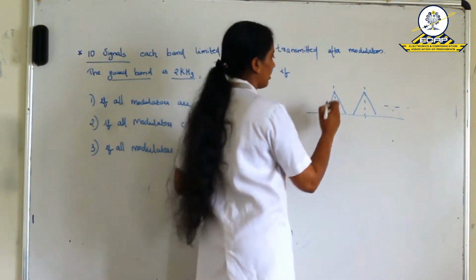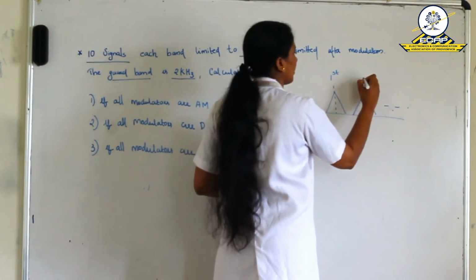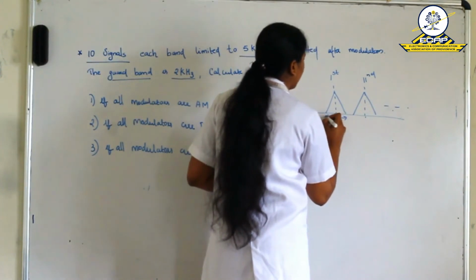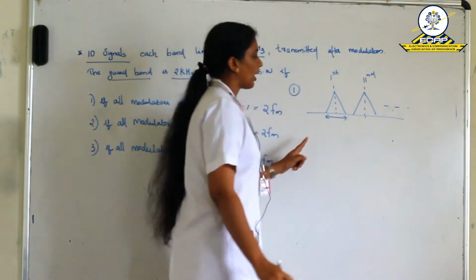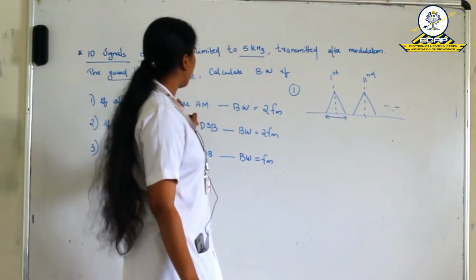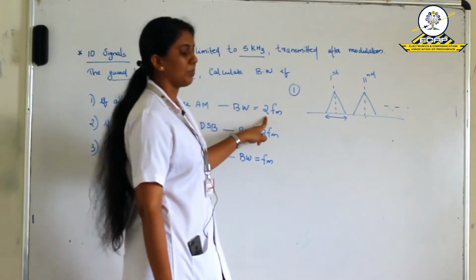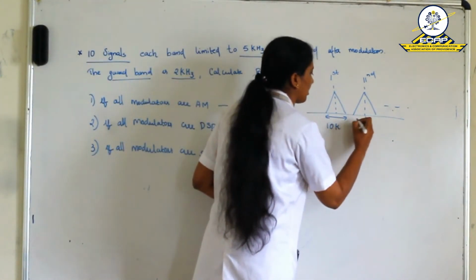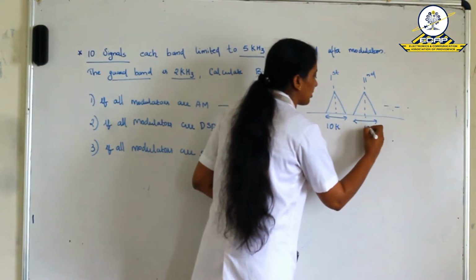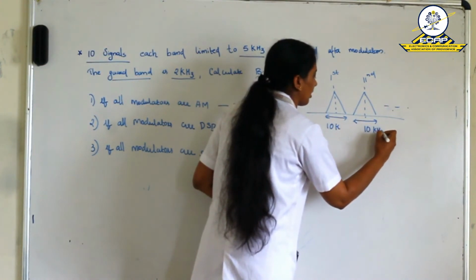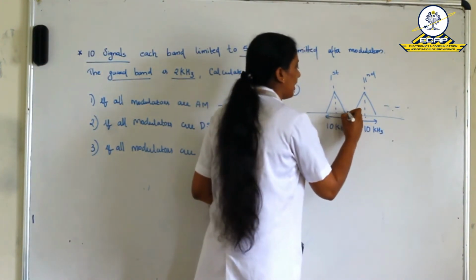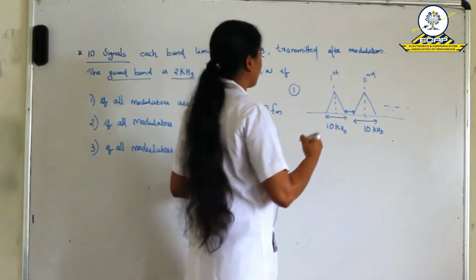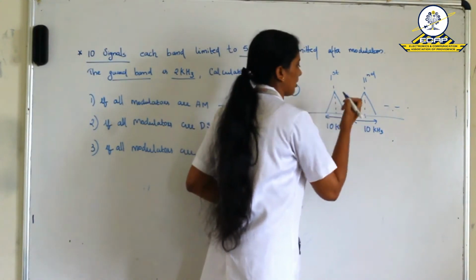This is our first signal, this is the second signal, etc. Considering the first question for the AM modulator, the first signal is band limited to 2 into fm, that is 2 into 5 kHz, 10 kHz. So each signal is band limited to 10 kHz. Here we provide a guard band between two signals, approximately equal to 2 kHz.